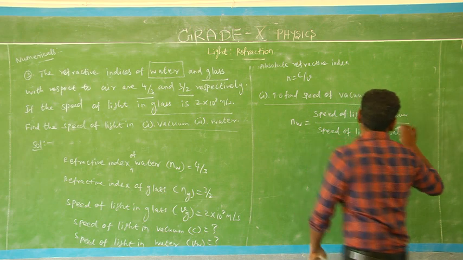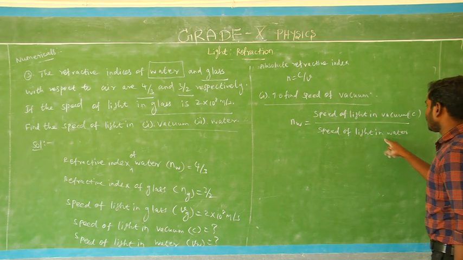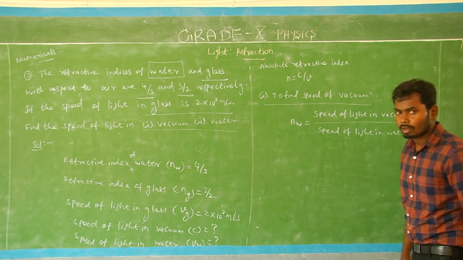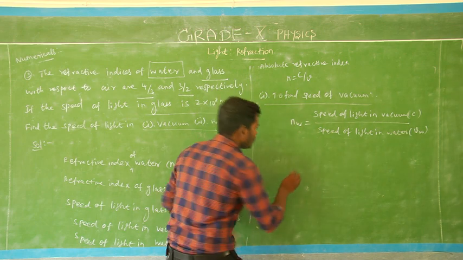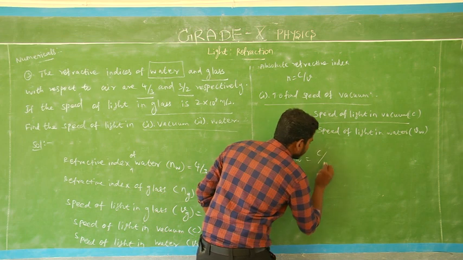So vacuum medium's letter is C, then the speed of light in water is v w. Writing in mathematical form, N w is equal to C by v w.